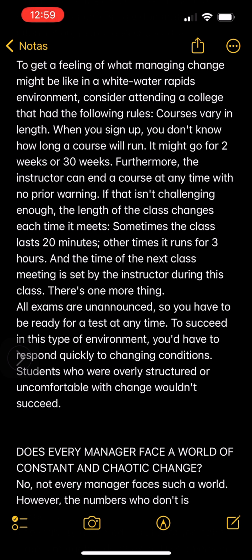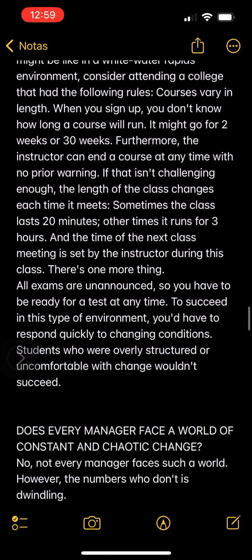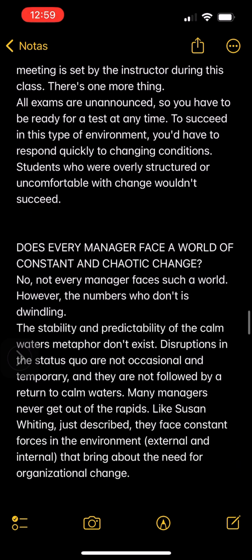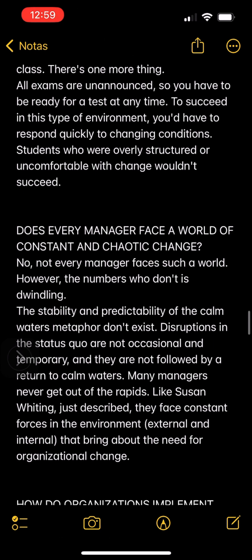Sometimes the class lasts 20 minutes, other times it runs for 3 hours, and the time of the next class meeting is set by the instructor during this class. There's one more thing. All exams are unannounced, so you have to be ready for a test at any time. To succeed in this type of environment, you'd have to respond quickly to changing conditions. Students who were overly structured or uncomfortable with change wouldn't succeed.